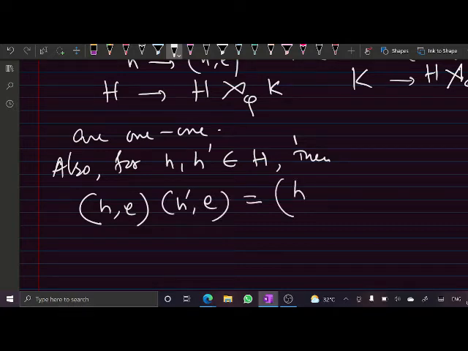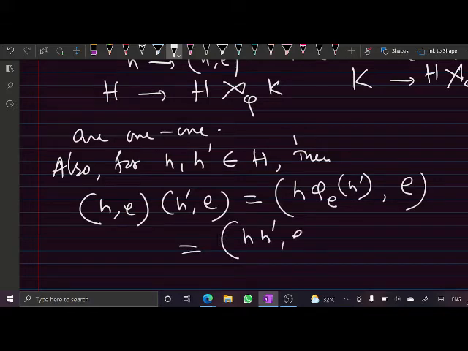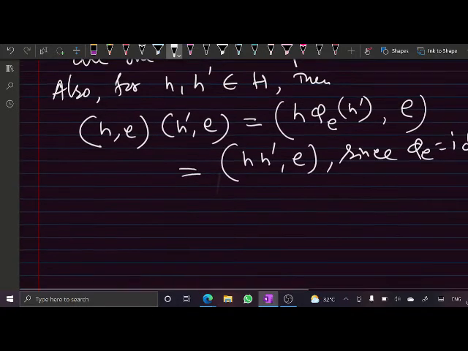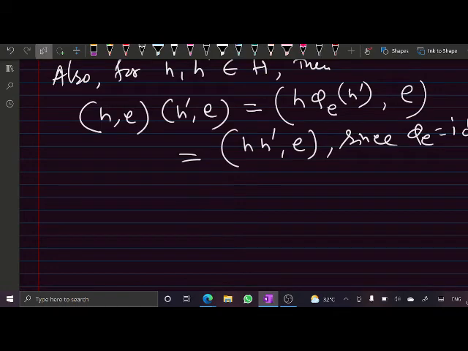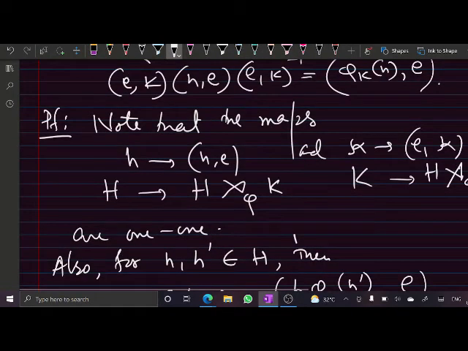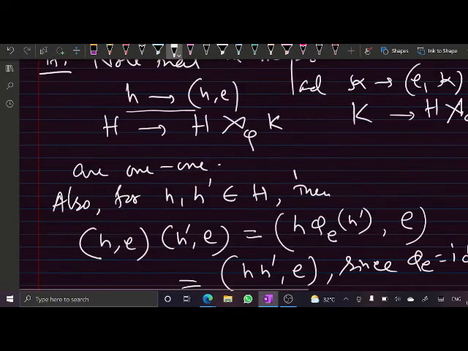So this is (h φ_e(h dash), e), right? Now what is φ_e? φ_e is the identity automorphism. So for this reason it must be (h h dash, e), since as you all know it is the identity automorphism. Okay. So that means this says that this map is a homomorphism.